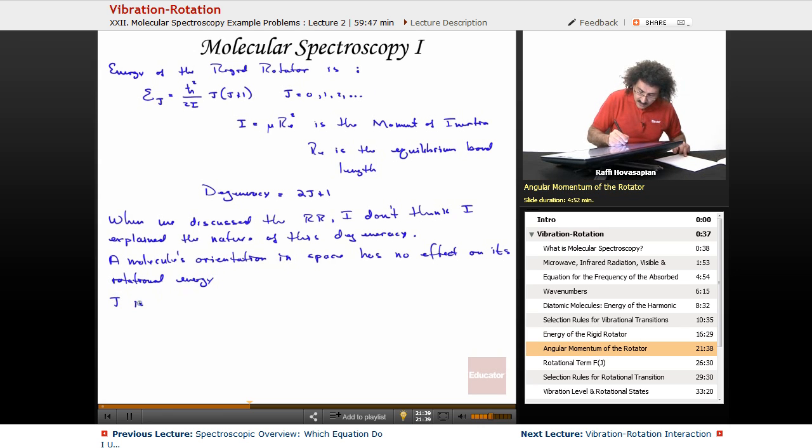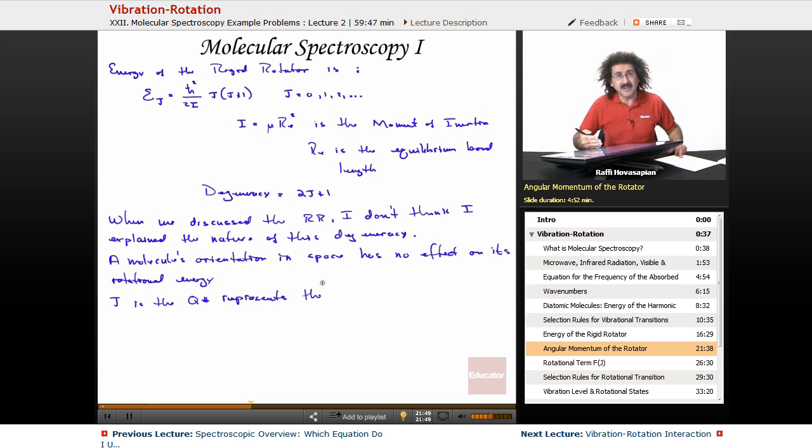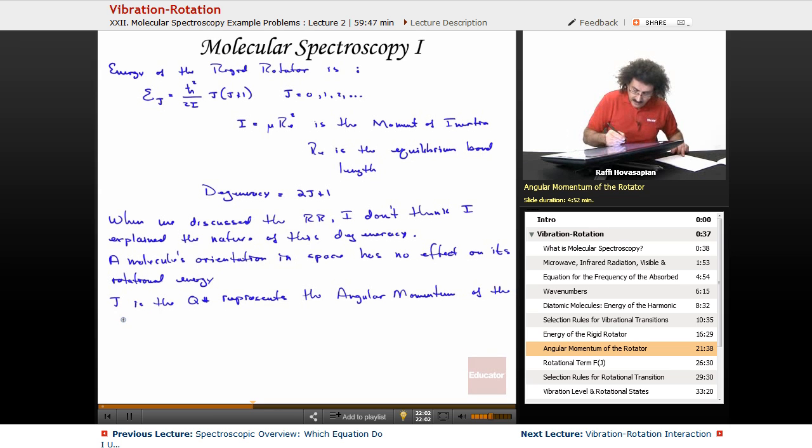J is the quantum number that represents the angular momentum of the rigid rotator.